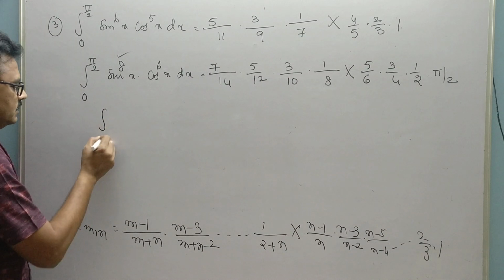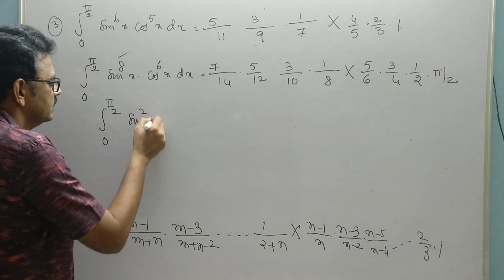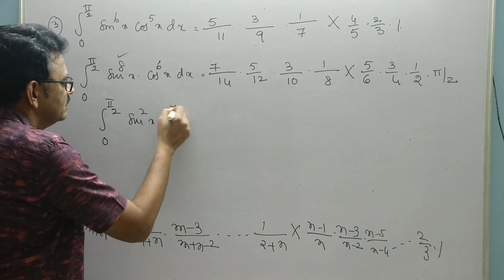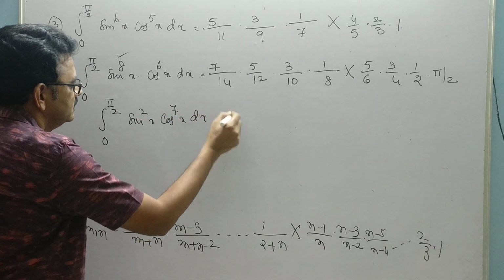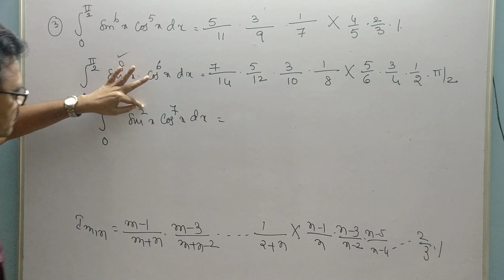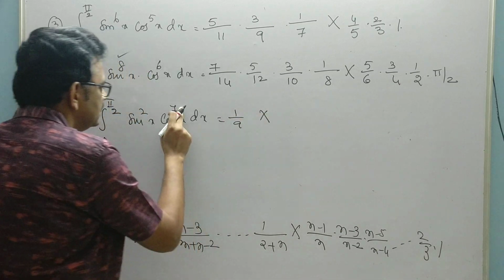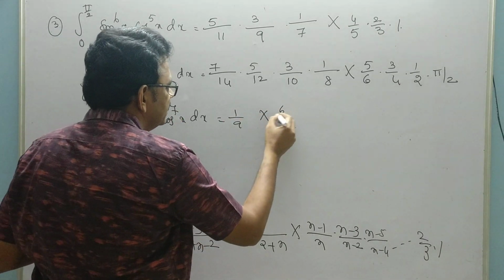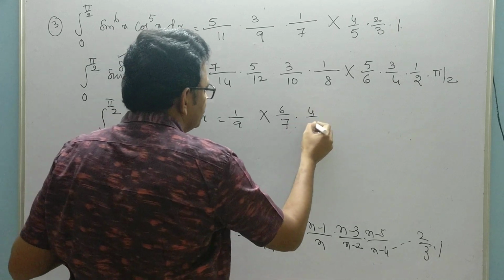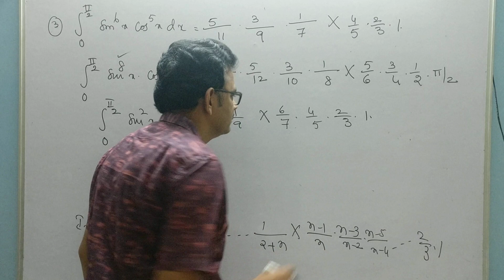Next one, integral 0 to pi by 2 sin square x into cos power 7x dx is equal to, so this is even number, 2 minus 1, 1 by 9 into, this is odd number expansion, 6 by 7, 4 by 5, 2 by 3 into 1.